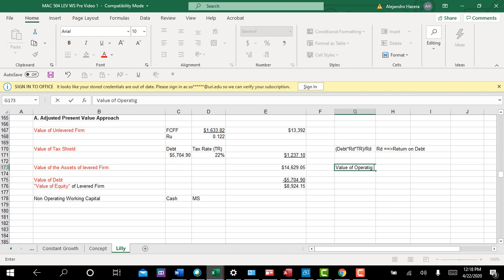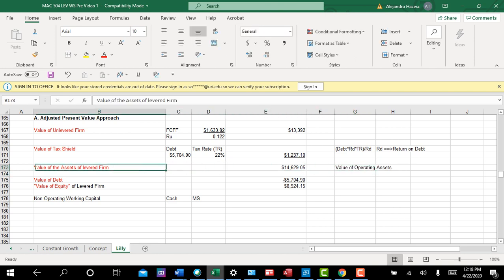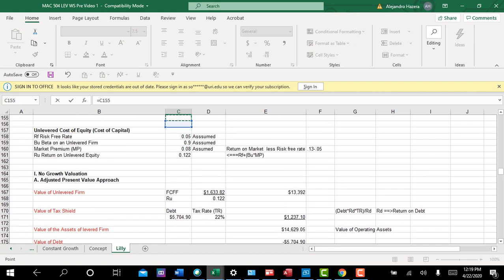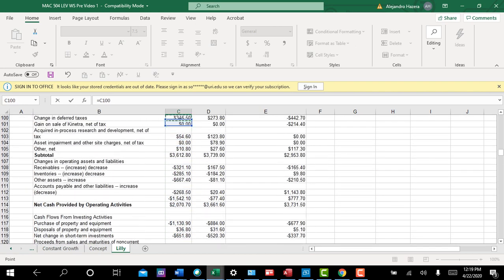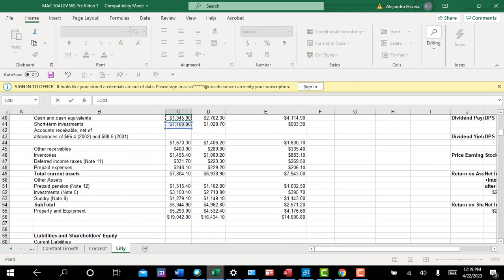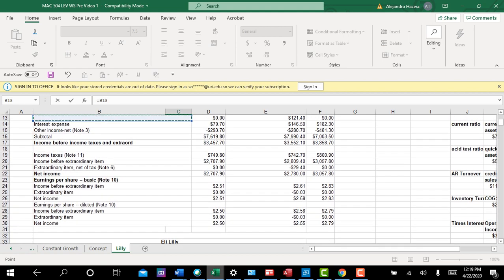In theory, this is all theory, of course. If I take the value of operating assets of a levered firm, subtract out the debt, that gives me the value of the equity of a levered firm. And I'm just going to add back any cash that they have on their balance sheet and marketable securities, and then we'll figure out the final value of these shares.